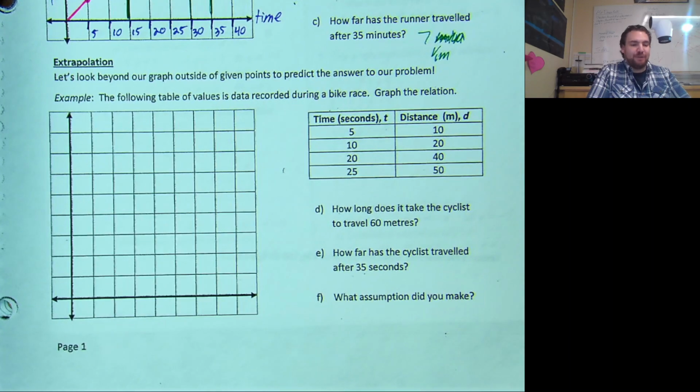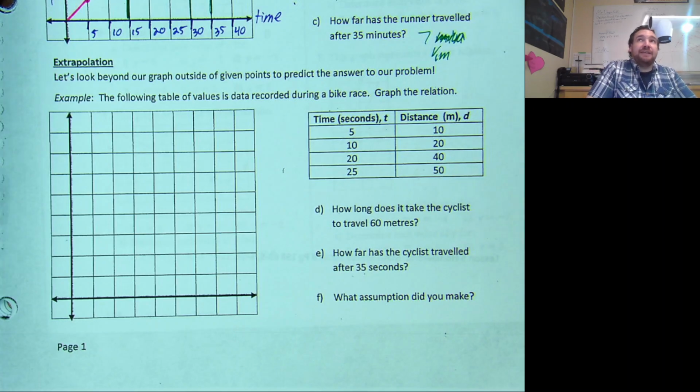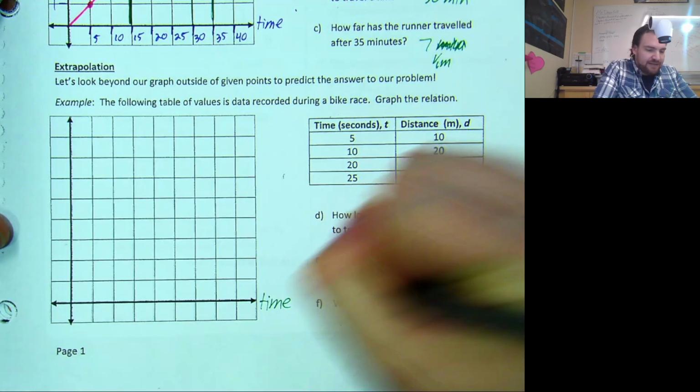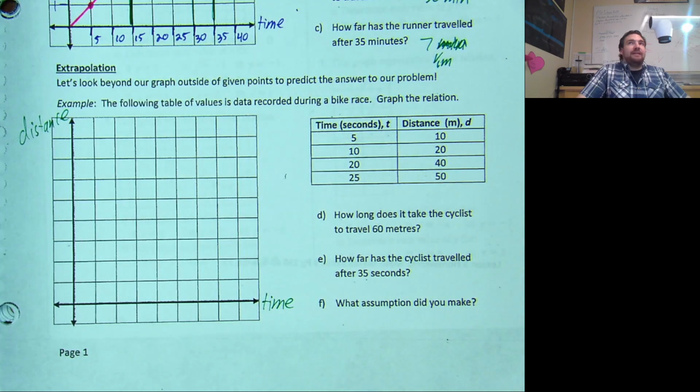Interpolation will make more sense after we've now extrapolated. So, extrapolation is to look outside of where we are. So let's graph this again. I've got 5, 10, 20, 25, 10, 20, 40, and 50. Let's graph these things. Time is still going to be on the x-axis. Distance is still going to be on the y-axis. Are we allowed to use the same scales?